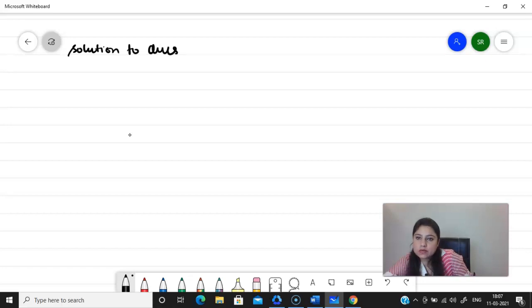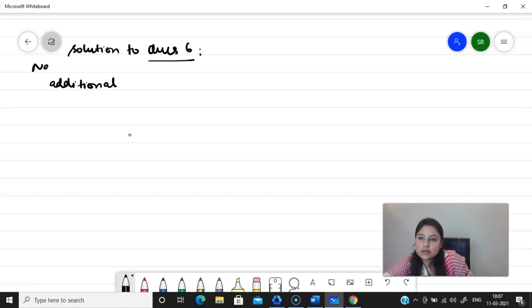solution to question number 6. In this particular question, the scenario is that there is a company which has delayed the delivery of cotton, due to which the cotton has been picked up late from the supplier's godown, and because it was picked up late, the business has to pay additional cotton clearing charges.